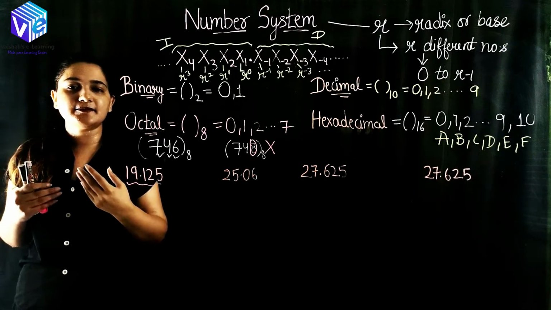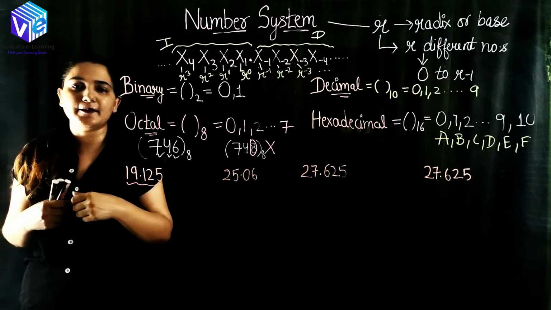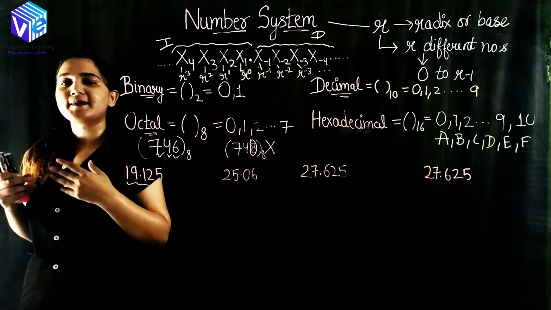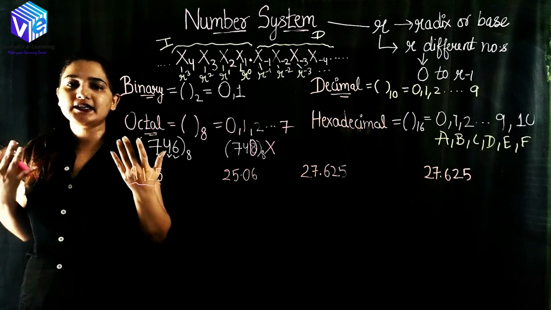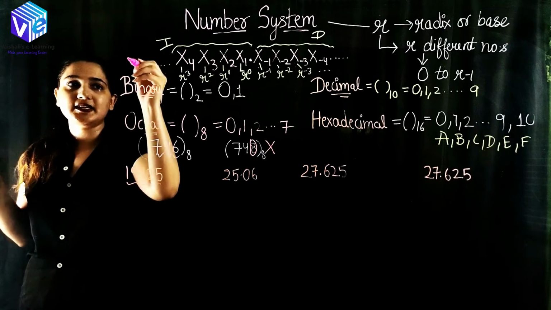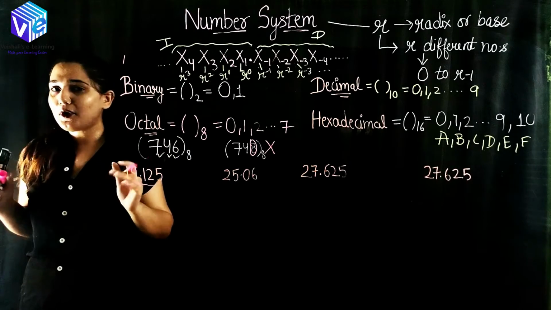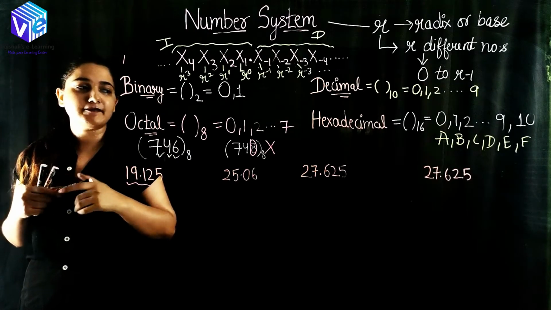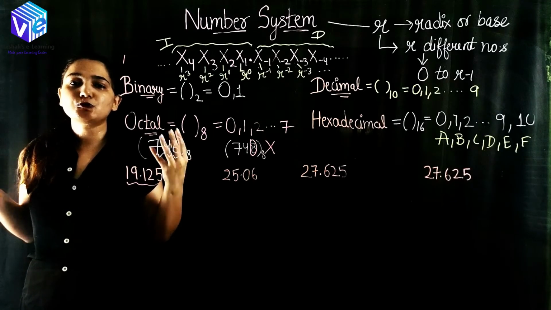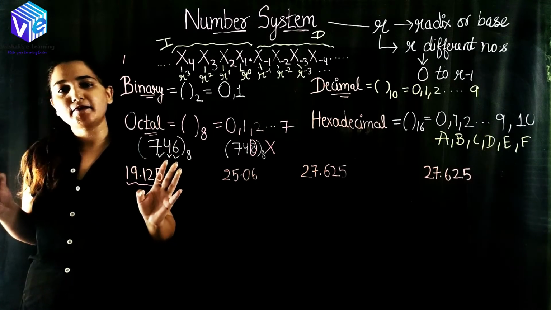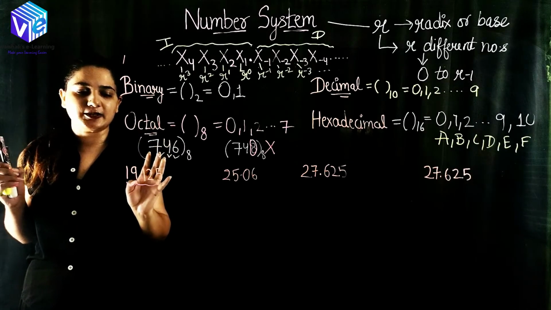Octal and hexadecimal are required when we have to observe large binary numbers. When we have memory addresses of 16 binary digits, we cannot learn these numbers. If I have 16 digits like 1010101110 something, I cannot remember it. When I have to remember it, I will convert it into hexadecimal. It will reduce to only 4 digits and I can remember it easily. Similarly, I can have an octal representation.